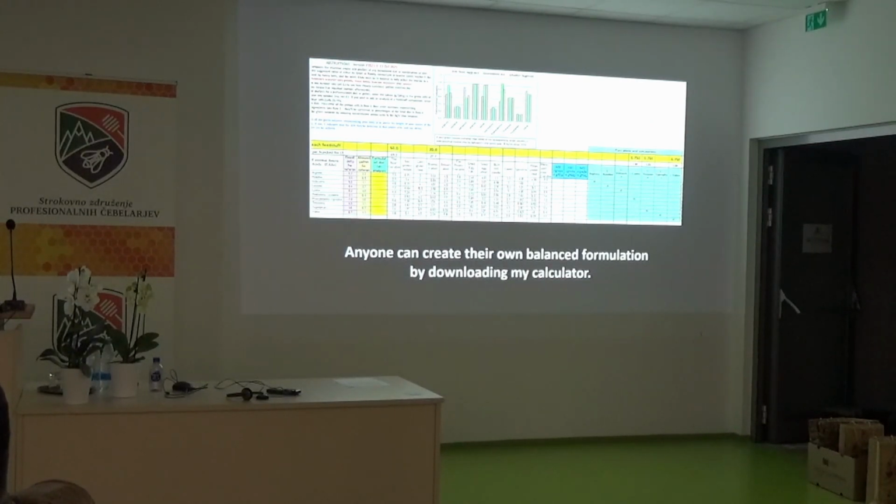So if you're living in Saudi Arabia and what you have is ground date kernels as a protein source, you can put that in there. If you're living somewhere else where all you have is peanuts, you can put that in there. So beekeepers, I made this for beekeepers anywhere on the planet to look at their available protein sources, put the analyses in there, and then they can play around and try to come up with a perfect pollen substitute.